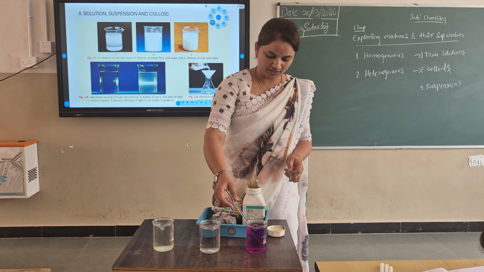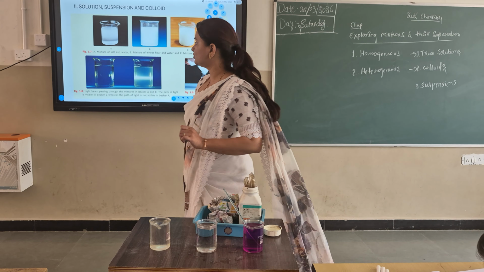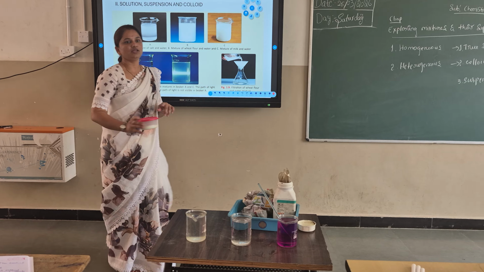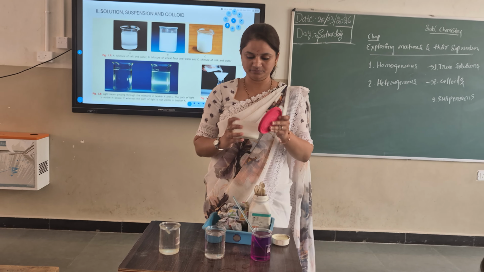Okay, beaker A is an example of a true solution. In beaker B, I have to add a colloid. Beaker B is a colloidal solution. So I have taken milk as a colloid here.